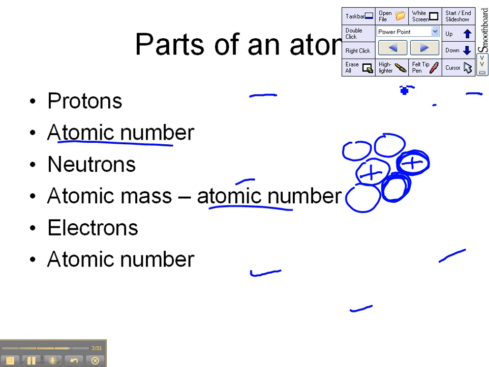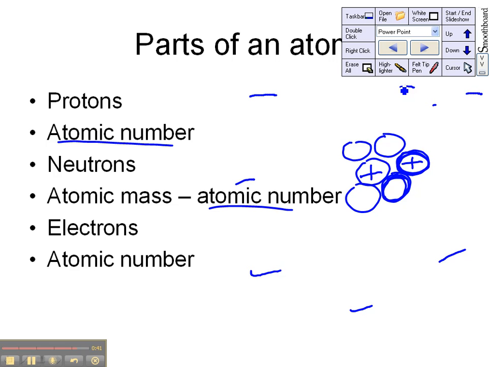Essentially, they don't weigh anything, but they do have a charge, and their charge is equivalent in strength to the charge of a proton. That's why there's the same number of protons and electrons in a neutral atom. If there were more electrons, it would be negatively charged. If there were fewer electrons than protons, you would have a positively charged atom.